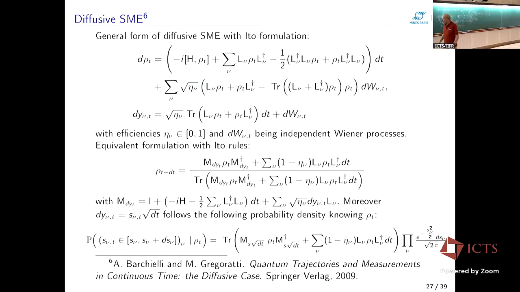So first, assume that this is independent of y, just a factor of k. I have no information in y, which means this probability doesn't depend on rho in a certain sense. It corresponds more or less to what is called a dark state.